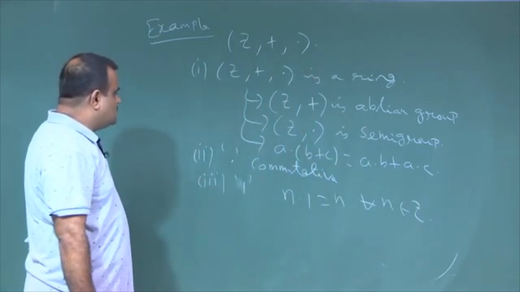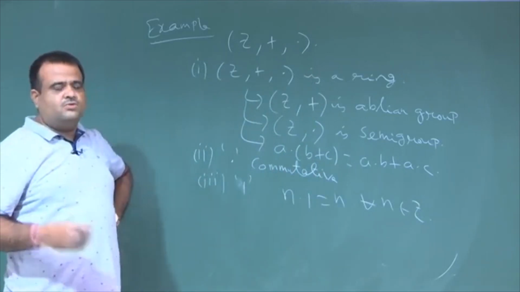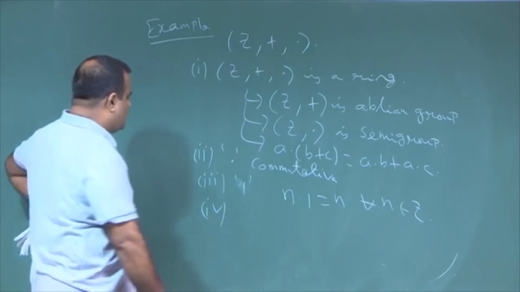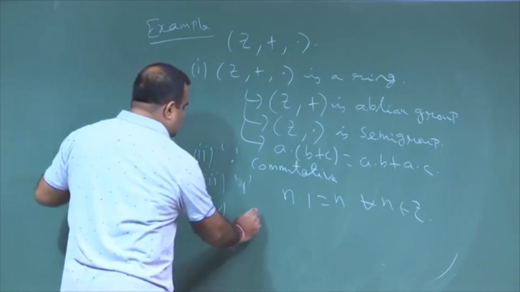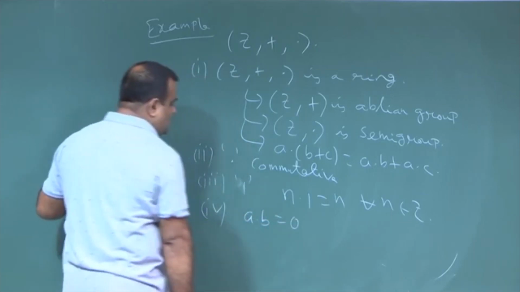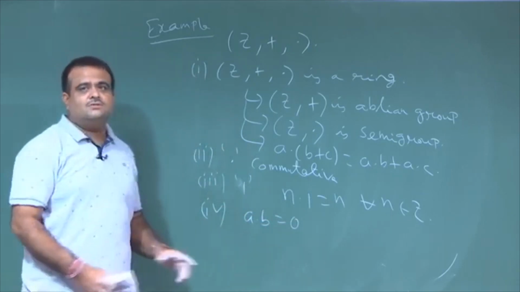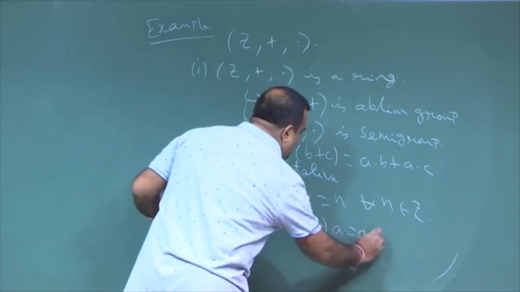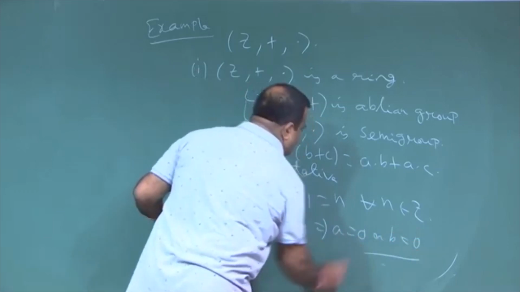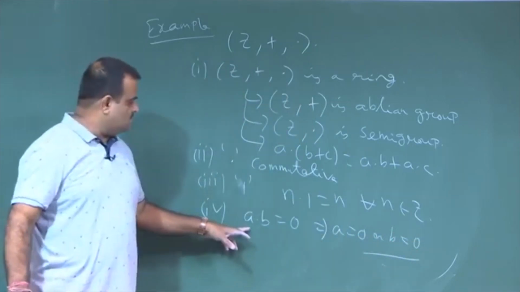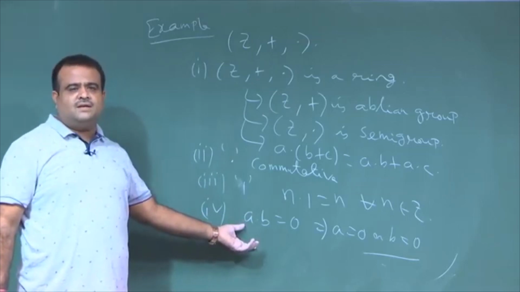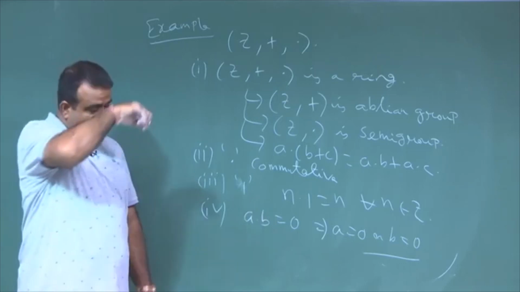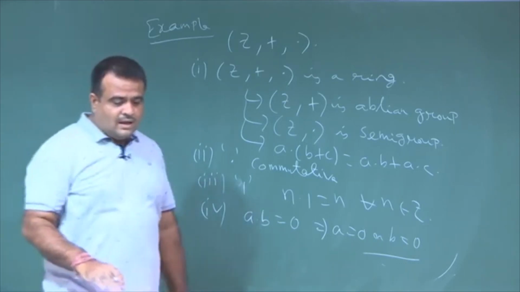Okay. So, this is a commutative ring with unity. Now, it has no divisor of 0, because if we take any two integers, say a dot b, if it is 0 then either a is 0 or b is 0. Otherwise, no two non-zero integers can give us a 0.